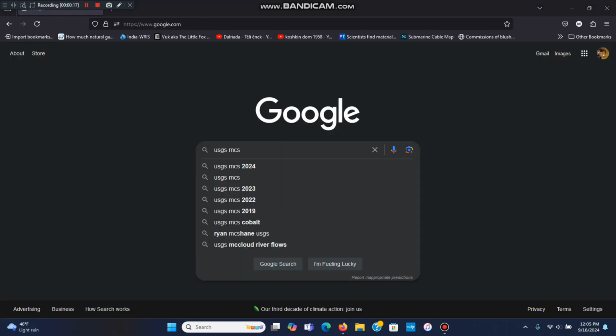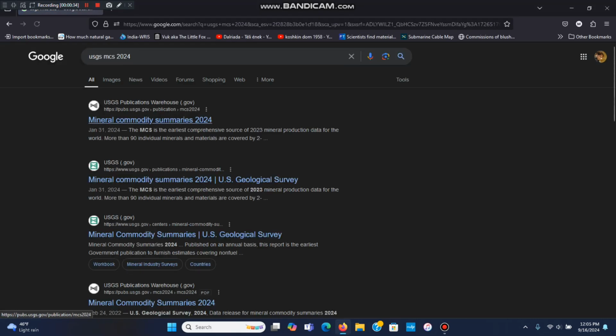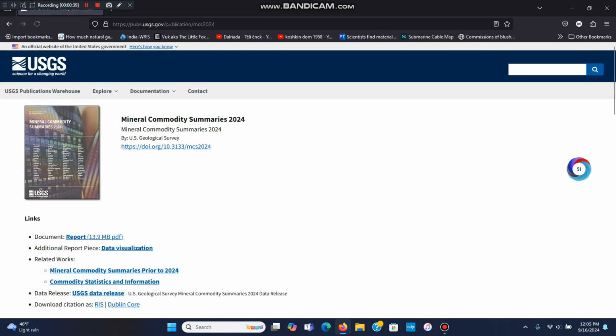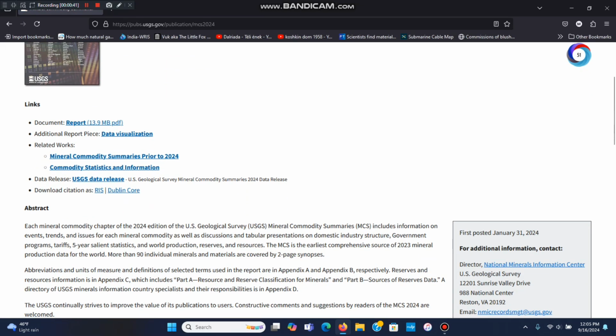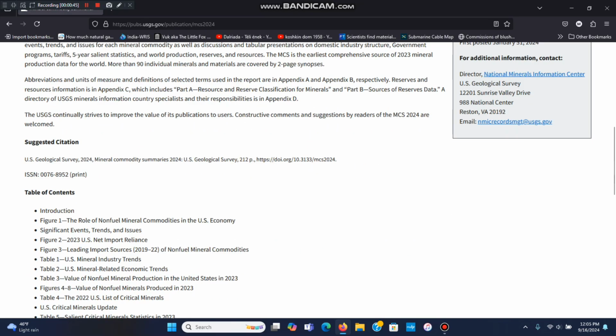Now for some data on metals and minerals and mining stuff. For the widest array of data covering the most amount of things, you will find that in the annually published USGS MCS. 2024 would be the most recent year, obviously. So you go to here and you download it. I already have it, so I'm not going to download it a second time.